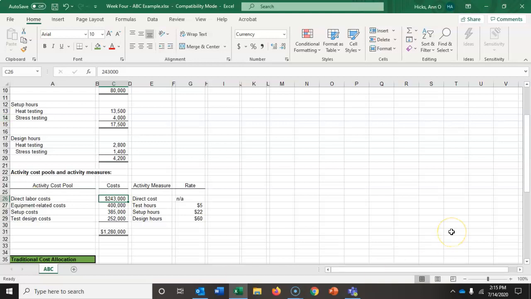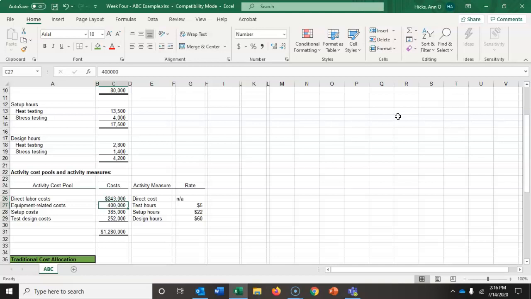So what we've just done is huge. We've basically pulled out $243,000 in costs and said these are direct and we can tie them directly to each of the tests. So we do not need an allocation rate. Okay, that's the first step.